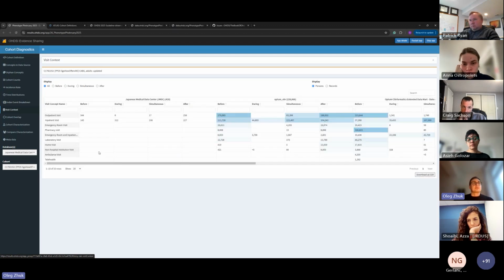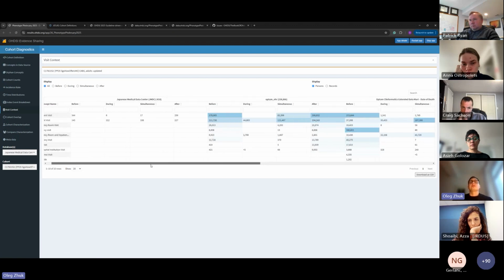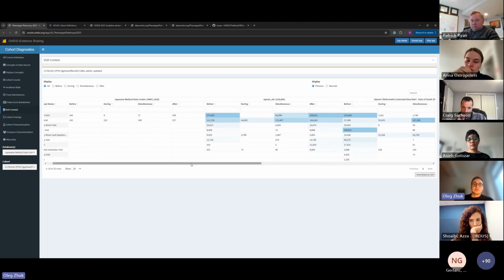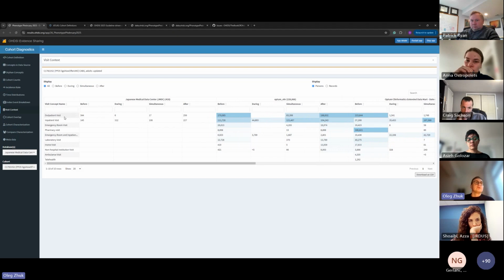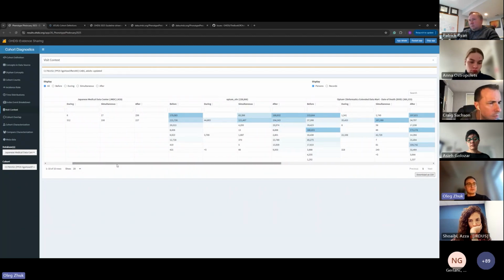So the visit context is also very important. Let's not stop at GMDC and check other data sources such as OptumEHR. So the first row is outpatient visit. The second row is inpatient visit. And CABG is an open heart surgery, so we expect all of the patients to have an inpatient visit during or simultaneous with the procedure.